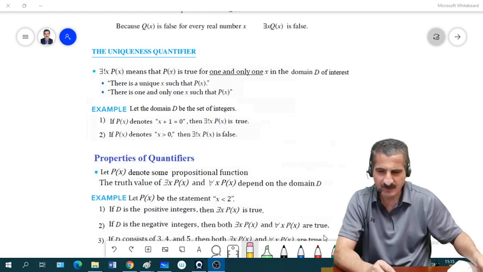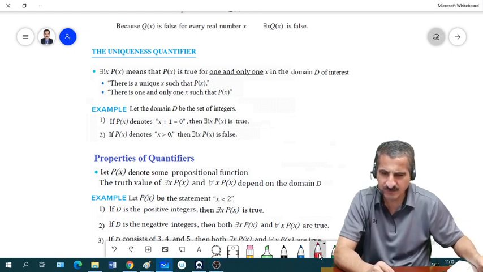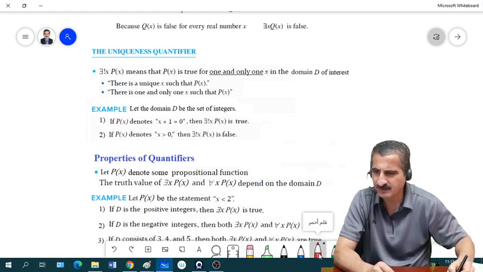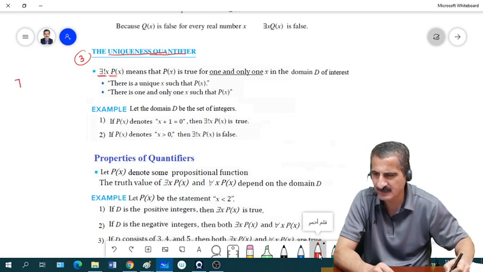Okay, now we move to the next quantifier, which I call the uniqueness quantifier. There exists a unique x such that p of x happens. This is the notation for unique.